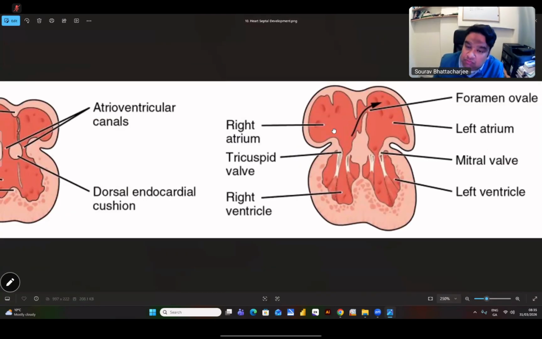Those valves regulate that the blood only flows from atrium to ventricle and doesn't go back. So the blood flow through the heart is unidirectional in normal cases. If it is not, that can create a lot of issues. The blood flow in adult advanced vertebrates is unidirectional.